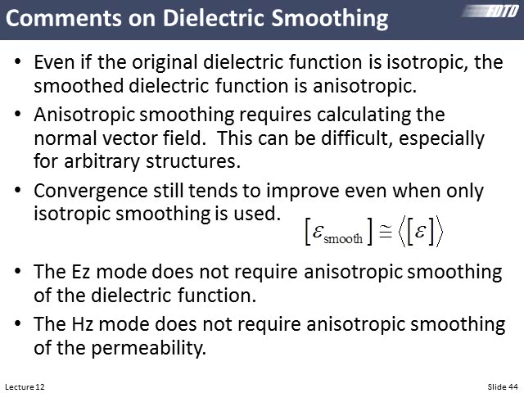But for the permittivity, the H mode, we still can just blur sort of normally and improve our convergence. But that really strictly requires an anisotropic smoothing of the permittivity, because the electric field's in the plane. So the moral here is we're just going to go with standard smoothing, not worry about anything being anisotropic. We'll improve our convergence. Suffice to say that there's a little bit more to the story, and you've seen it now.